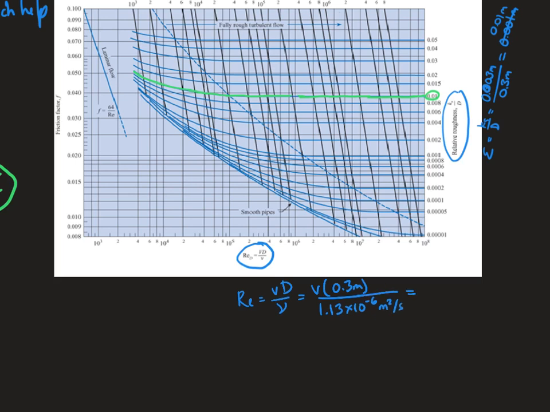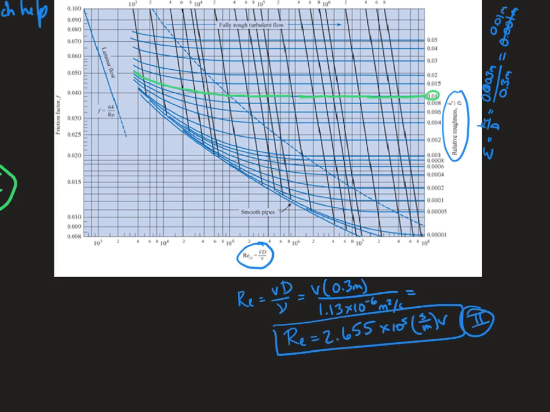That yields, let's put it right down here because this is going to be an important equation, 2.65 times 10 to the 5th, with units of seconds per meter, times the velocity. This is equation 2, and you'll understand in a second why I'm putting it in this form.